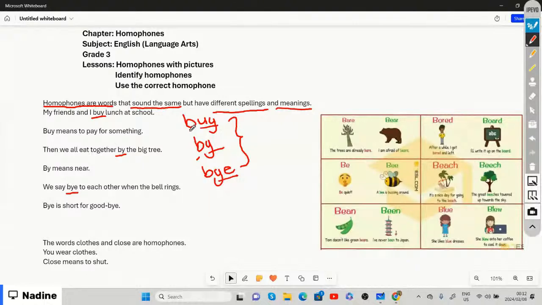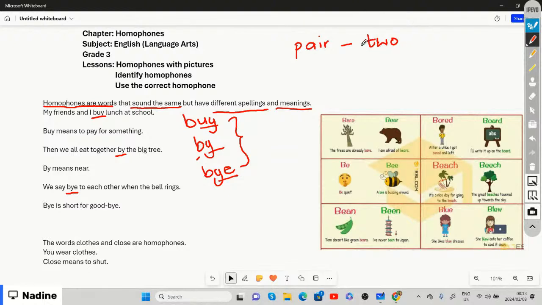Before we get to the next word, Emmanuel, wonderful, pair and pear are also homophones. If we look at the word pair, P-A-I-R, it refers to two things, like a pair of shoes, meaning two shoes, or a pair of socks, meaning two socks.